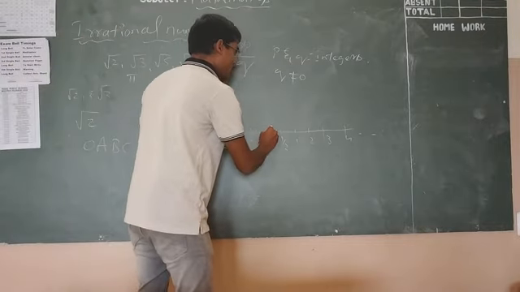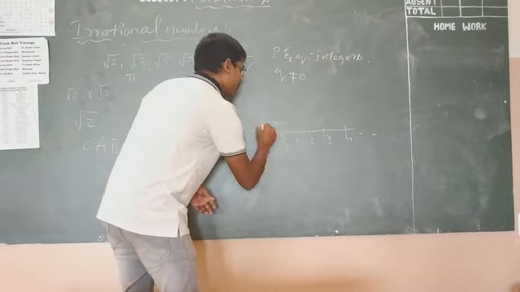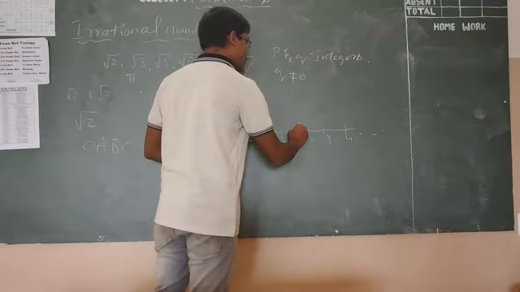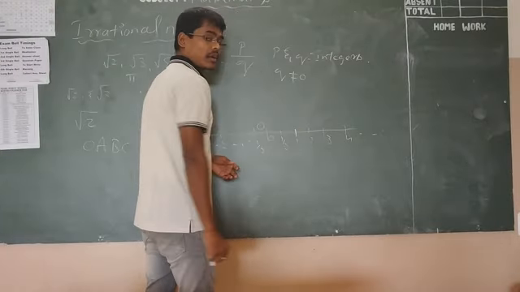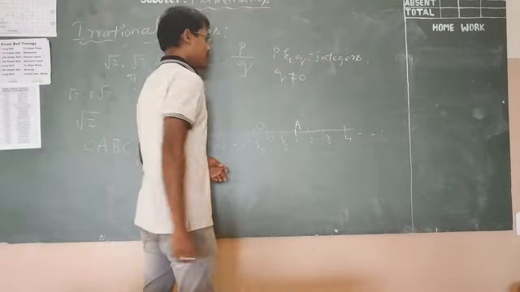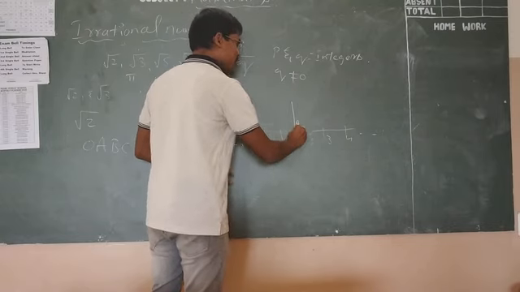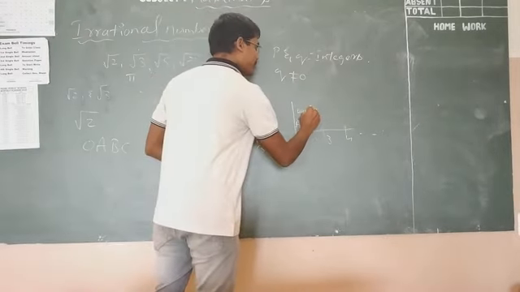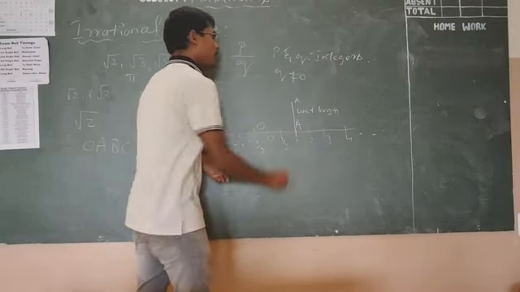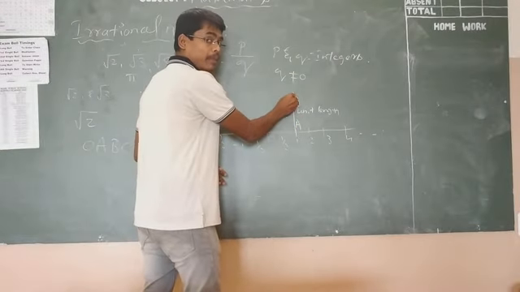Now I am going to mark from the point 0, the origin point, I will take this as O. Then I am going to mark a point on number 1, that is A. Then I am going to draw a straight line from this point A of unit length. Then that point becomes B: O, A, B.